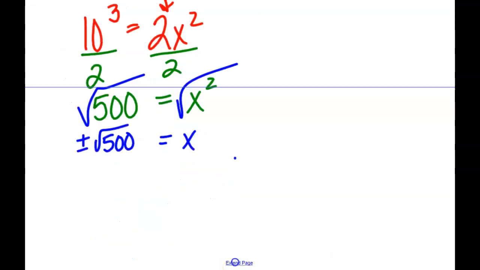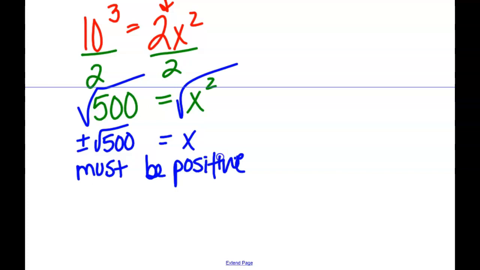When it doesn't work? Yeah, we can't have extraneous solution here. We have a negative square root of 500 that is going to get thrown in the garbage. Okay? Must be positive to take a log. Just writing that for the benefit of your notes.